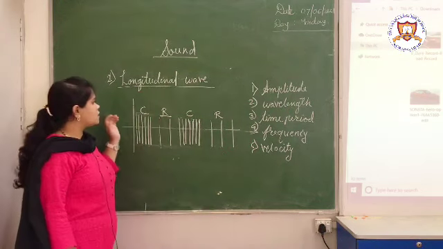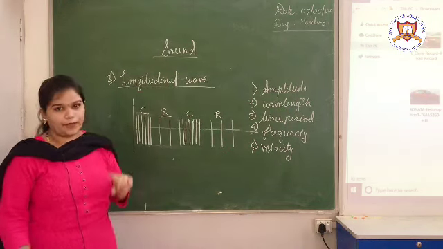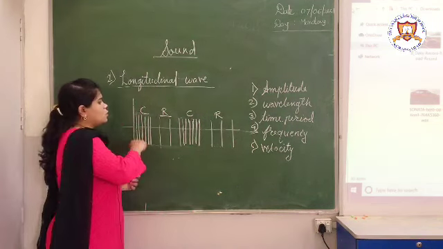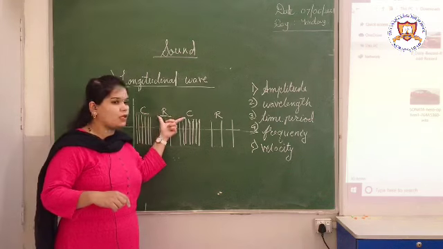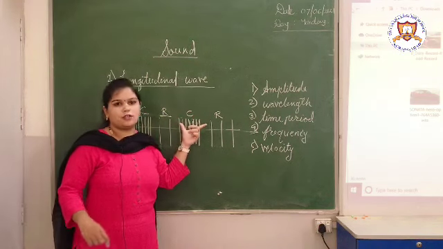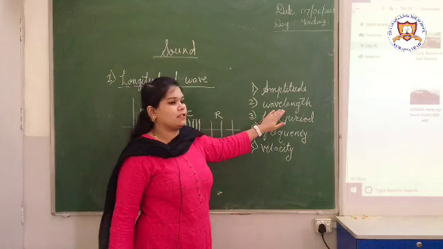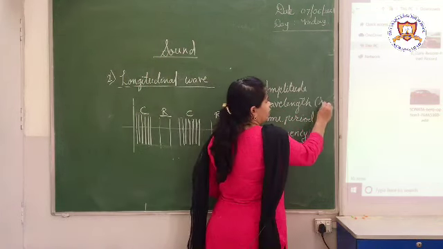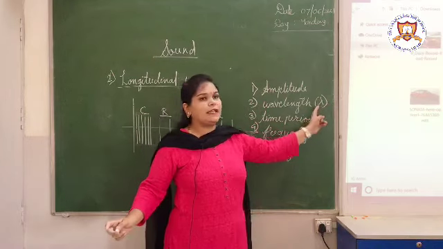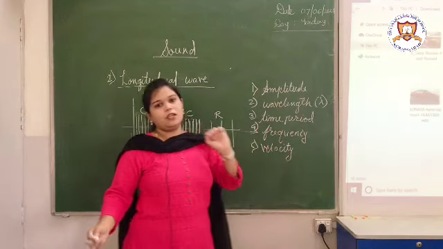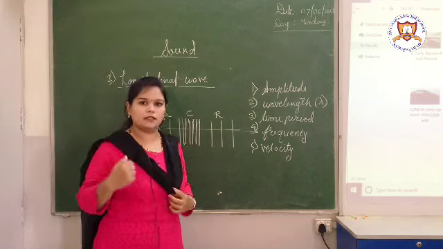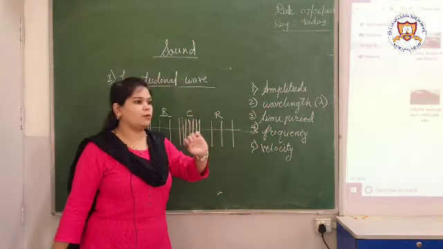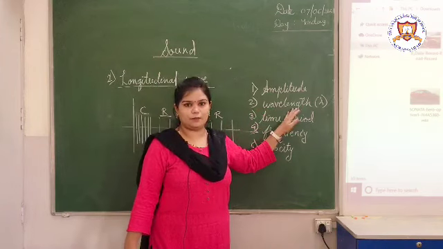Wavelength means the distance between two consecutive compressions or two consecutive rarefactions. We denote wavelength with the sign lambda, and measure it in meters, or centimeters in the CGS unit. In SI unit it is meter.